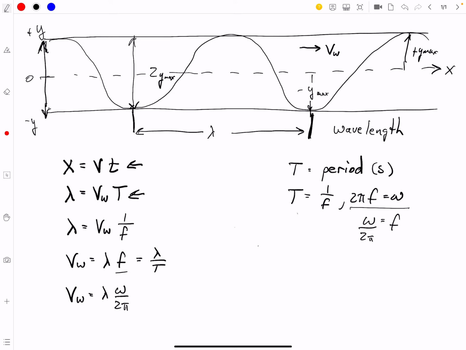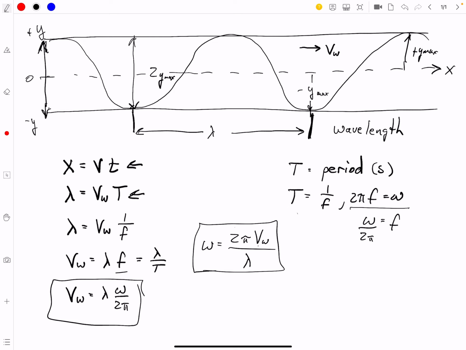So we can write omega is 2 pi wave velocity divided by lambda. So that equation, this equation, and these equations are important.